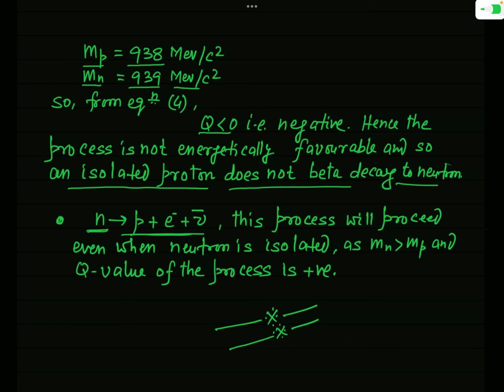And if the Q value is positive, it means this process is energetically favorable, so this process will proceed. It means a neutron, even in an isolated state, may be converted into a proton, but a proton in an isolated state is never converted into a neutron. Okay, I think you have understood the fact.